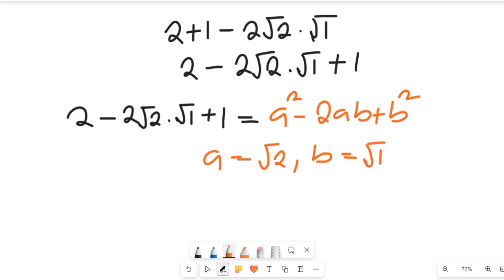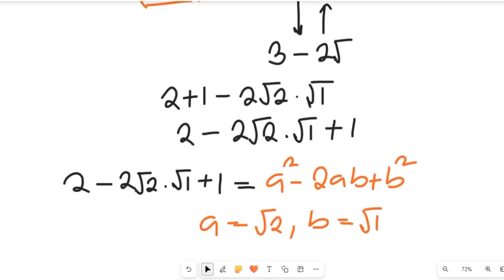If you insert this and simplify, we go back to our initial value, this 2 root 2, right?